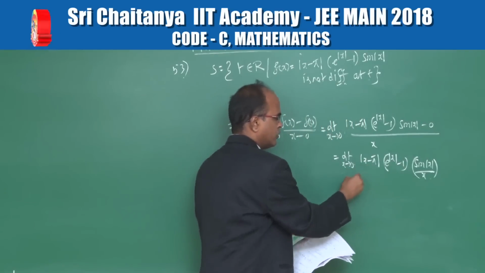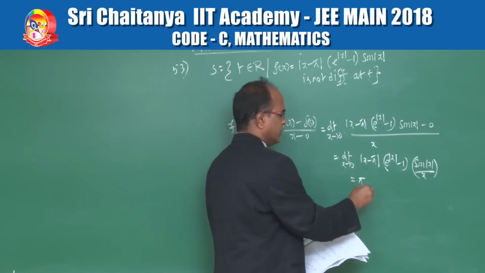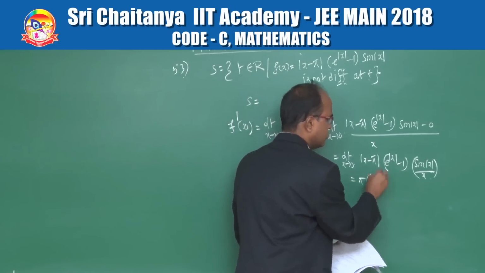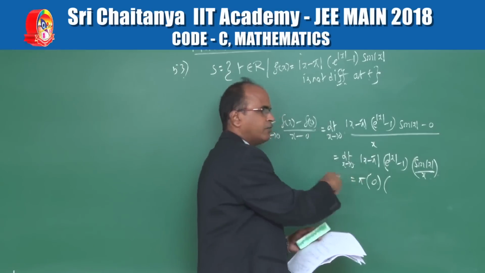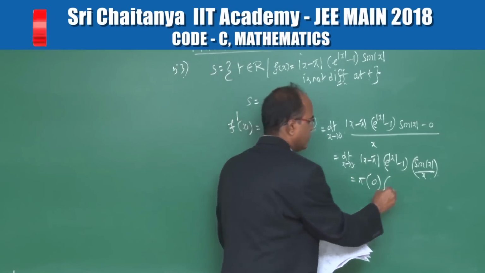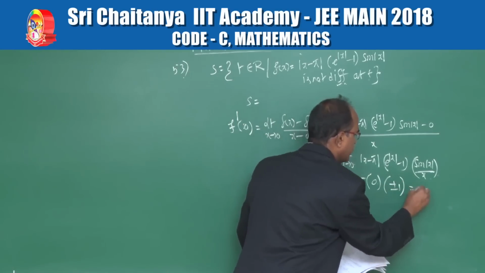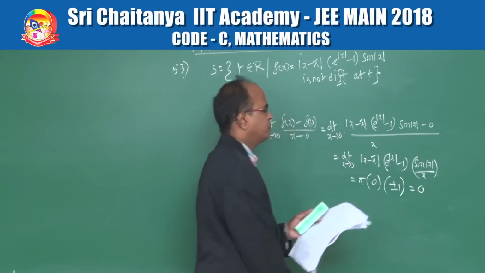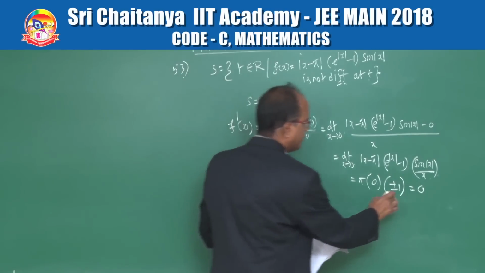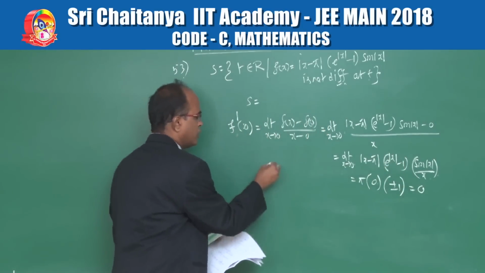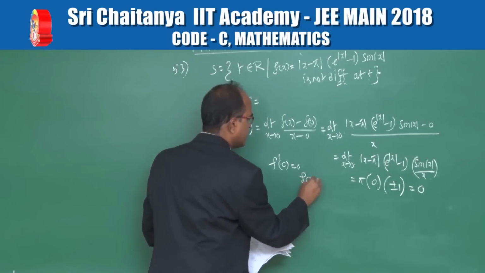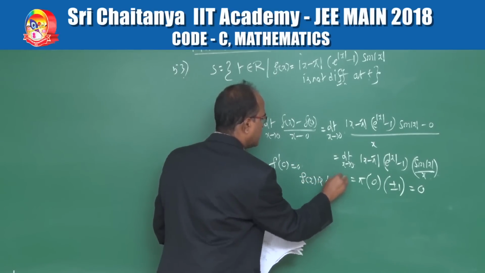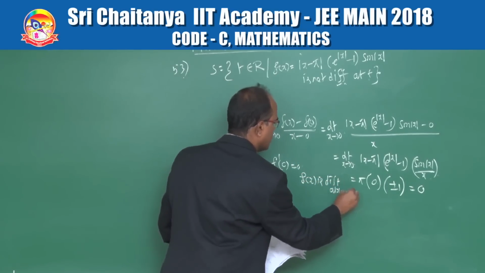As x tends to 0, this value will be pi, this will be 0, and this will be, the right limit plus 1 and the left limit minus 1. So it is plus or minus 1, in which case this will be 0. Therefore f dash 0 has become 0, therefore f(x) is differentiable at x equal to 0.